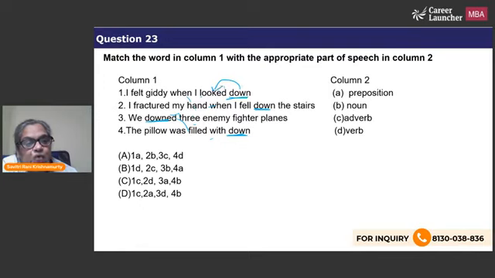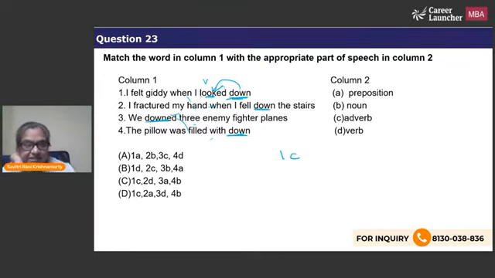Down is telling you where you looked. What part of speech is look? Look is a verb, it's an action. So it is telling you the direction of your action. Looked up, looked down. So what is down here? Down is an adverb. Look down, look up, come down, come up, come in, come out.